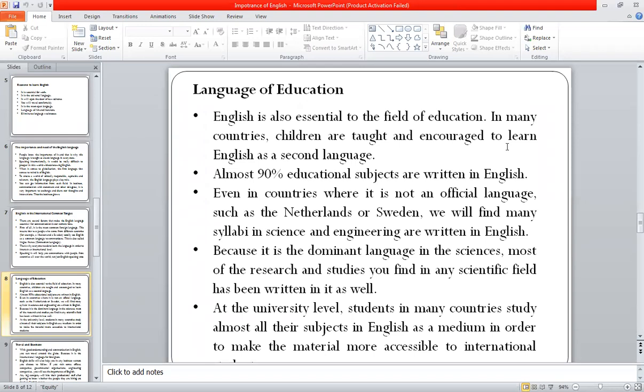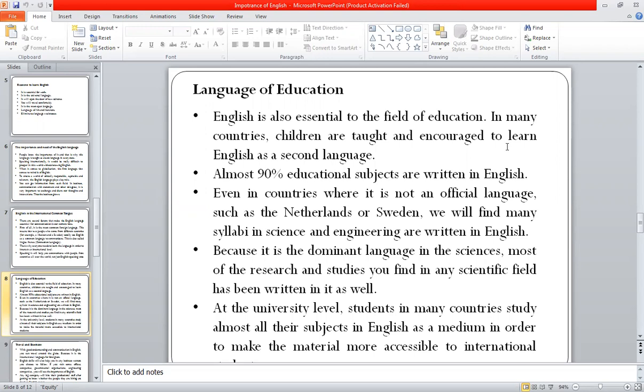You might be aware of this also. All of the subjects that you are learning from your childhood, except the languages like Marathi, Hindi and Sanskrit, these 3 subjects only you might have studied in their own medium of language.